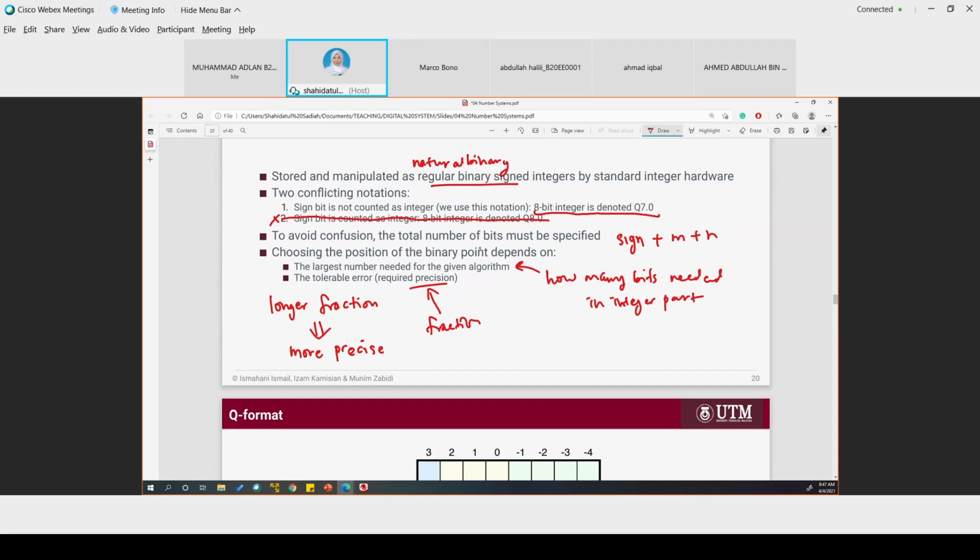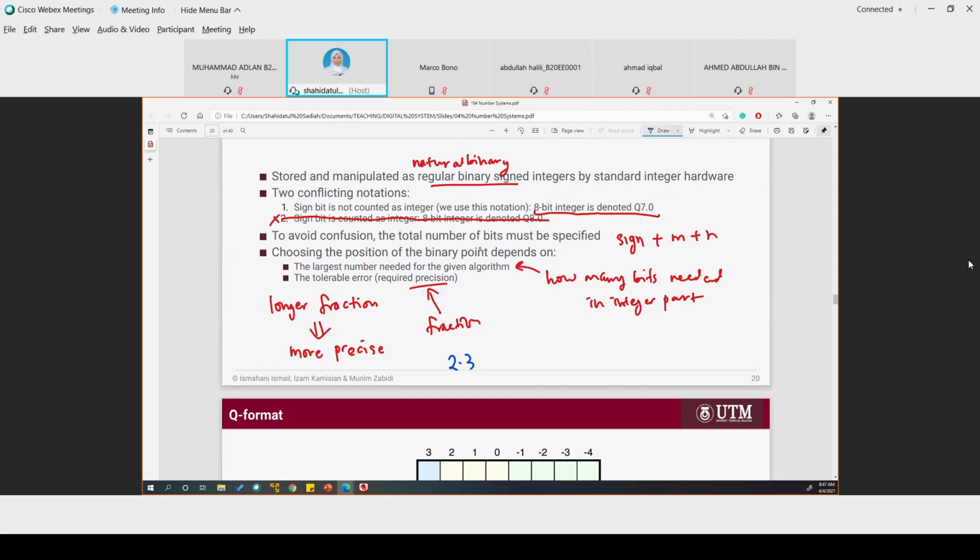For example, in decimal, 2.3 is more precise than 2.0 or just 2 without the fraction, because the 3 is rounded off.